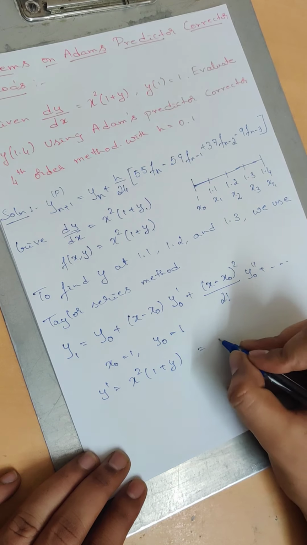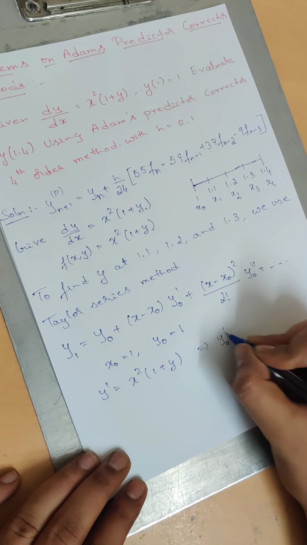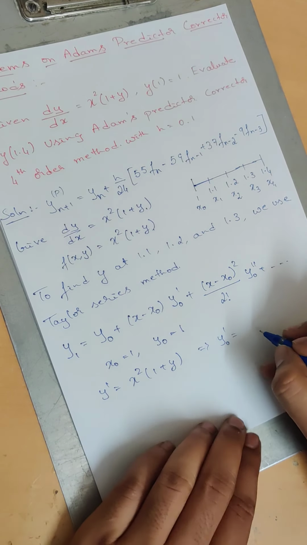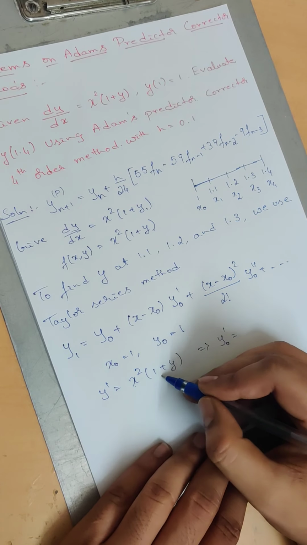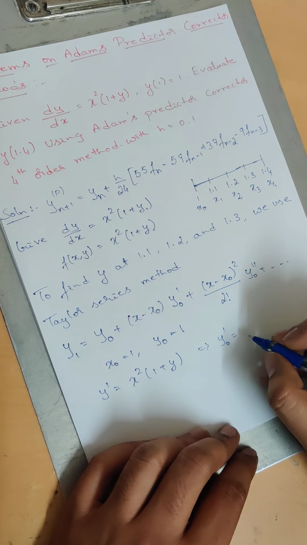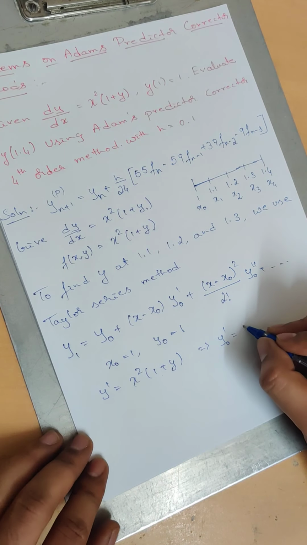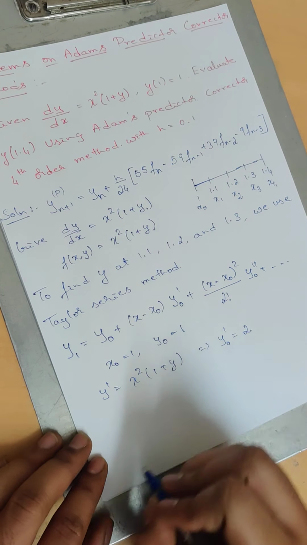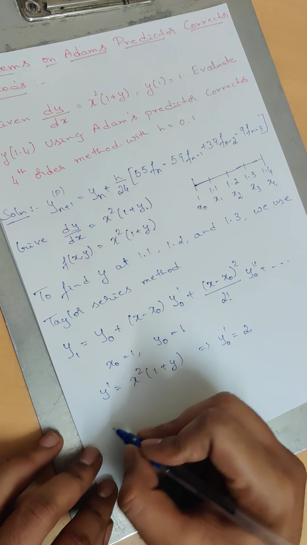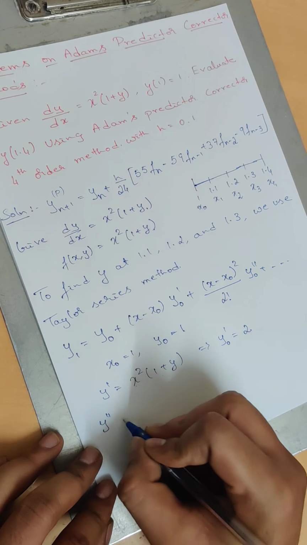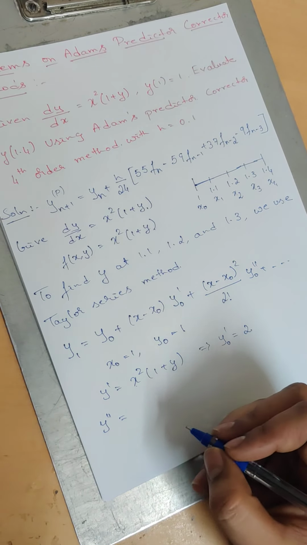So if you want to find out y0 prime, then that implies x0 square is 1 square and this also 1 plus 1. So the answer is 1 plus 1 is 2, 2 into 1 is 2. So we got y0 prime as 2. We'll further differentiate this.